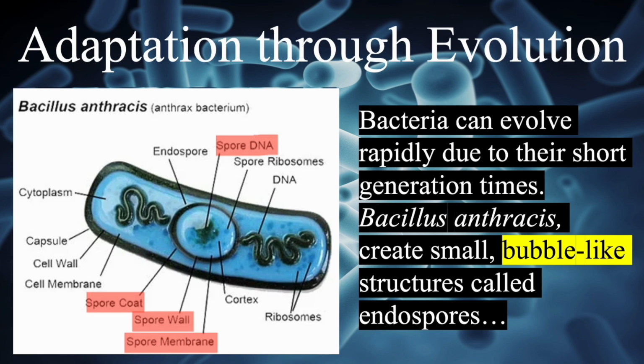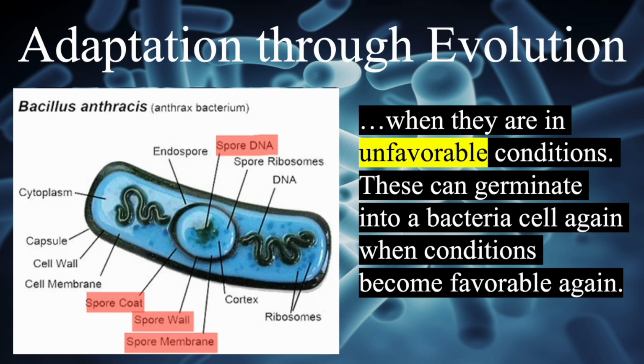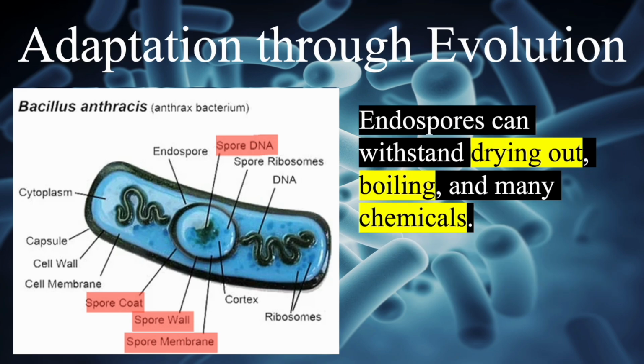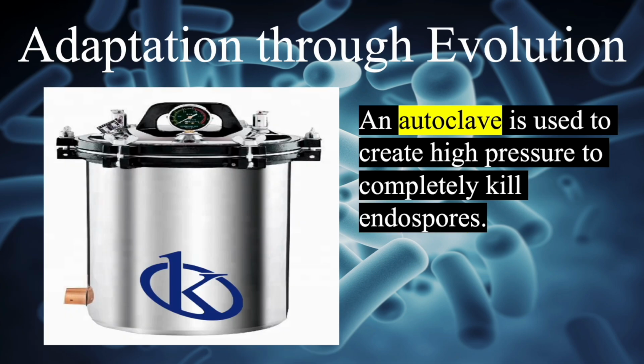Bacillus anthracis creates small bubble-like structures called endospores. When they are in unfavorable conditions, these can germinate into a bacterial cell again when conditions become favorable. Endospores can withstand drying out, boiling, and many chemicals.